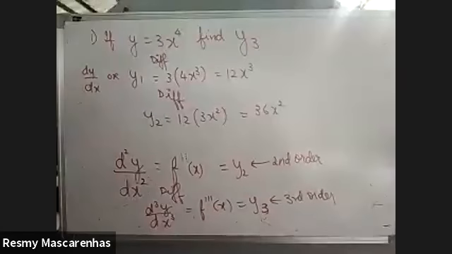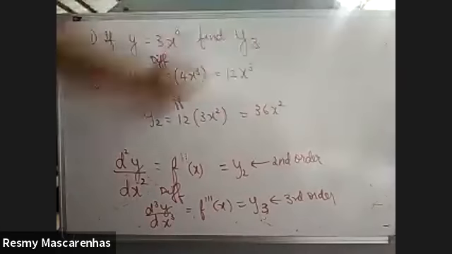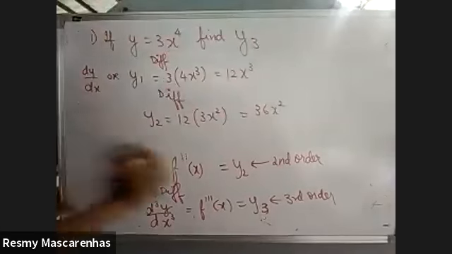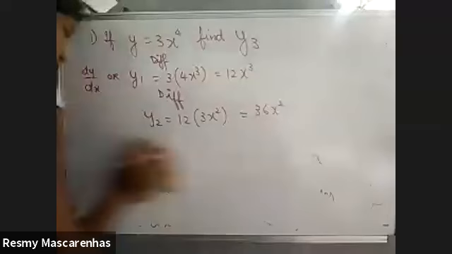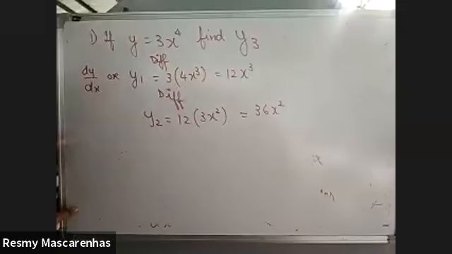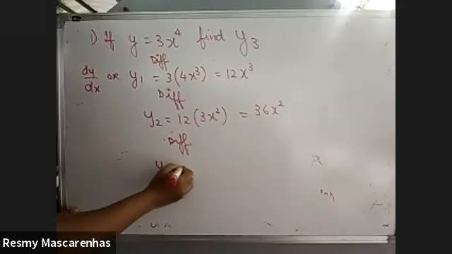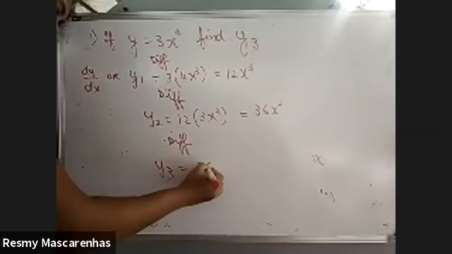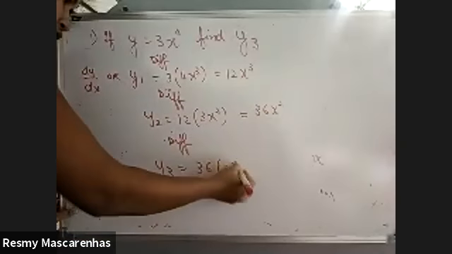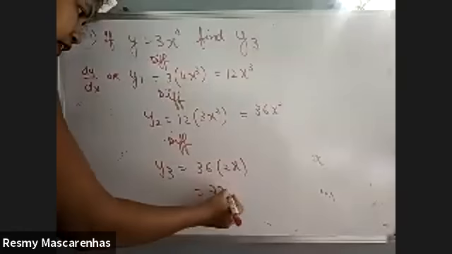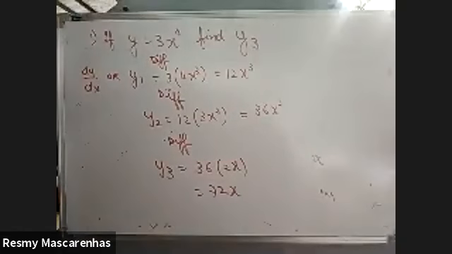Then you differentiate the third time because this is y3. 36 is already there, the derivative of x square is 2x, so the answer is 72x.